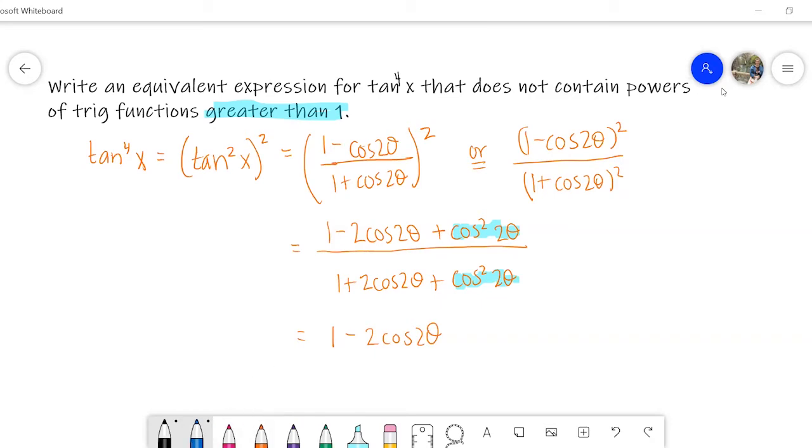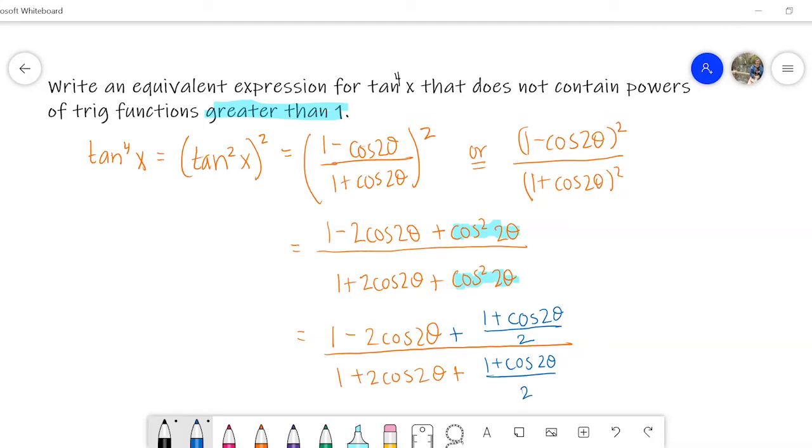And then you're going to have a plus, and cosine squared theta translates to 1 plus cosine 2 theta over 2. And our denominator, you have 1 plus 2 cosine 2 theta plus as well. And then you're going to also write a 1 plus cosine 2 theta over 2.